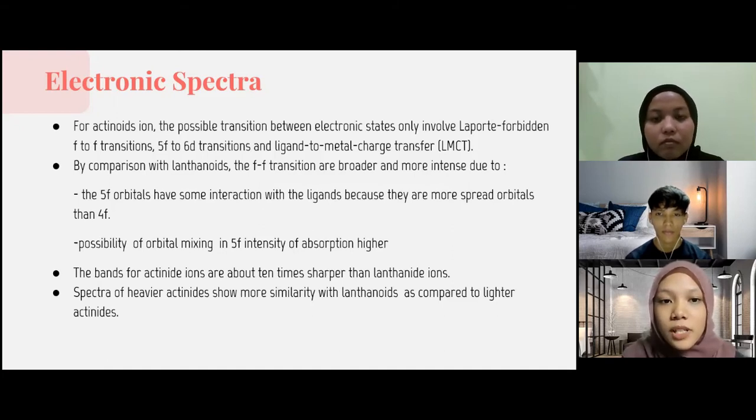By comparison with the lanthanides, the f to f transitions are broader and more intense because the 5f orbitals have some interaction with the ligands, being more spread out than 4f, and with the possibility of orbital mixing in 5f, the intensity of absorption is higher. Then, the bands for actinide ions are about 10 times sharper than for lanthanide ions. Spectra of heavier actinides show more similarity with lanthanoids as compared to lighter actinides.